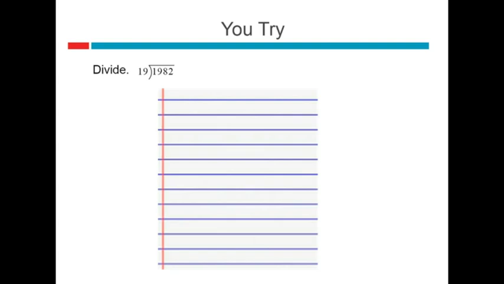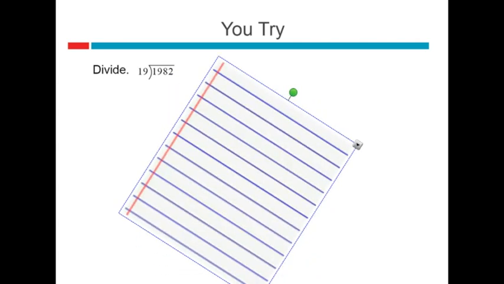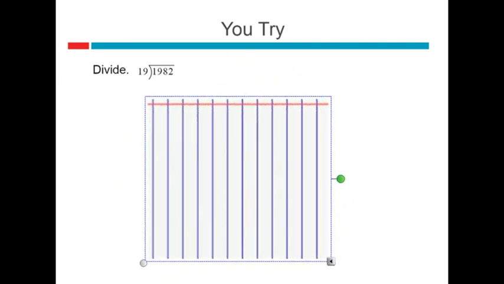So it's your turn to try this problem. Let's take a piece of paper and make vertical lines for our place value. And try this problem, pause the video, and come back and compare your answer to what I get as my answer.